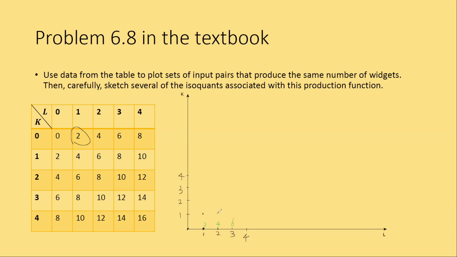So we are basically looking at this 5 by 5 grid. We have the amount of output the firm produces at each of those points. We have 25 points.